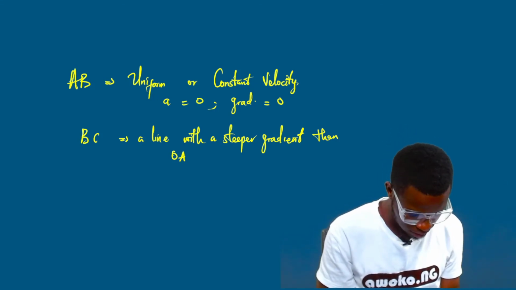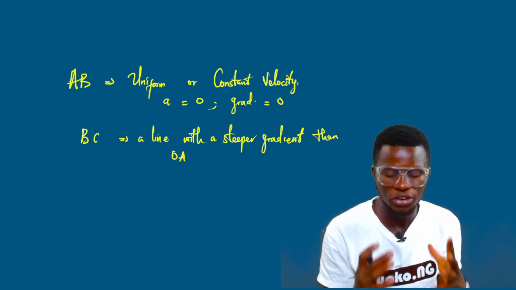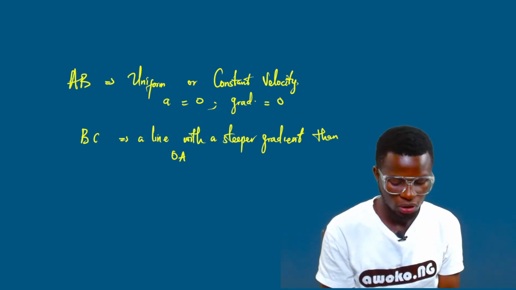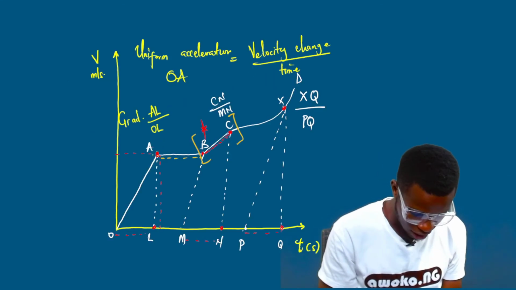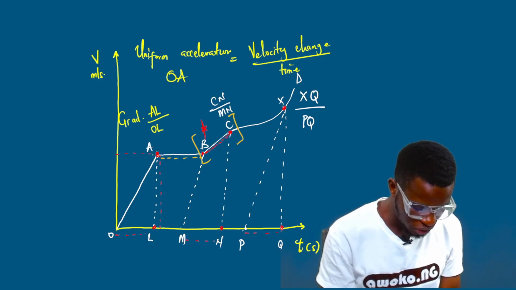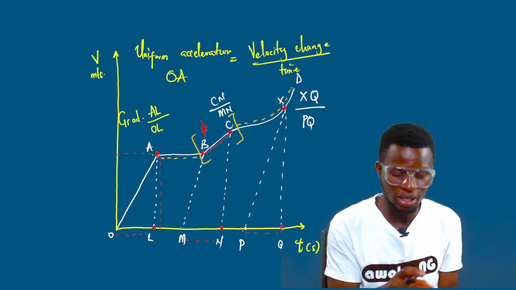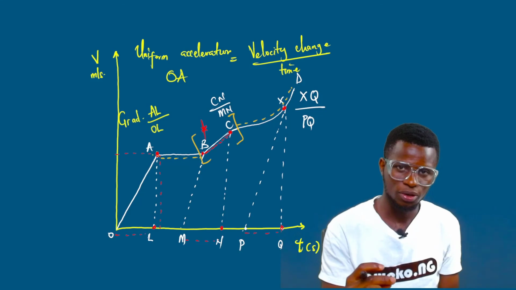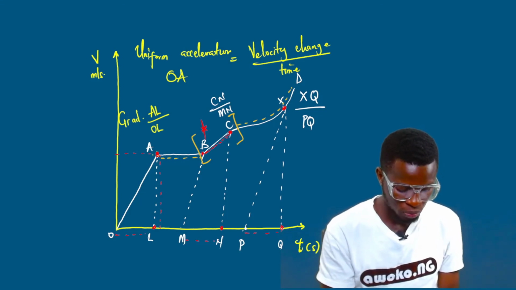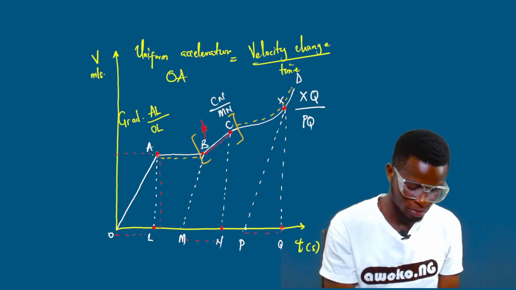The next thing I would like you to note from this graph is that when the graph shows an irregular velocity change, as we can see along CD, from C to D, you will realize that the velocity is irregular. It is not straight, and that was how we represented it with a curve, as opposed to OA that shows a straight line motion.